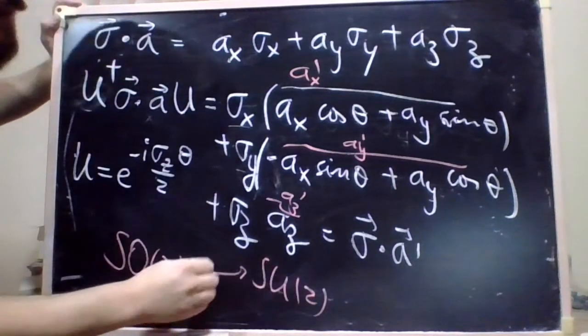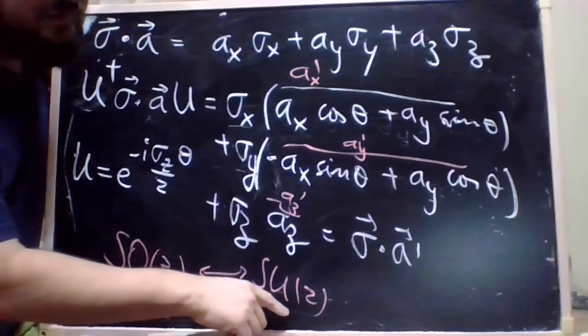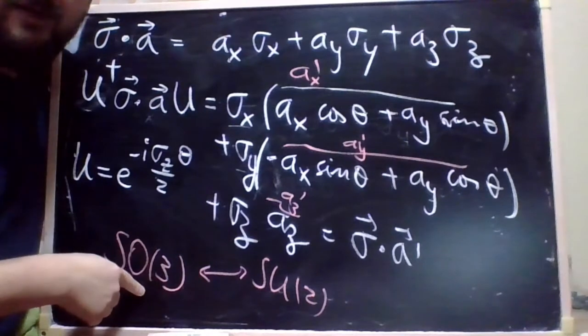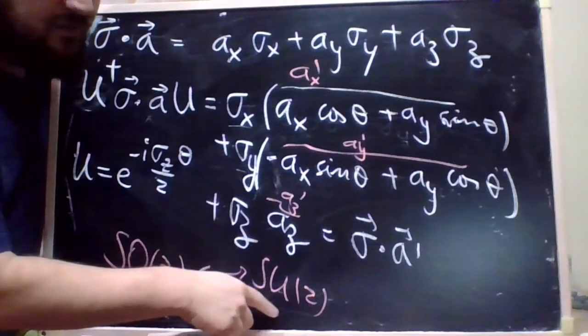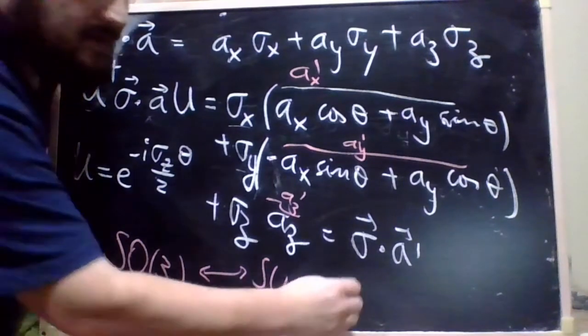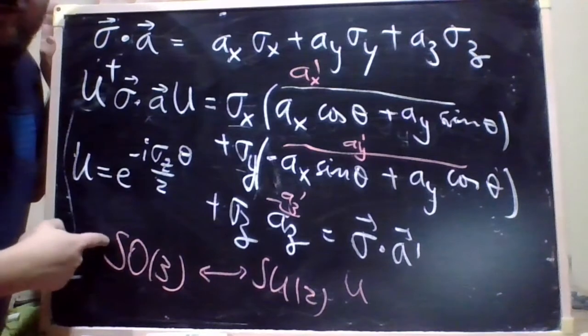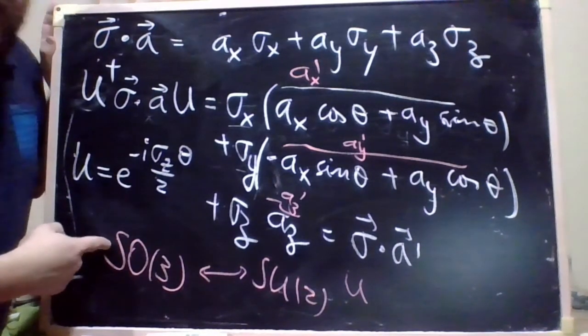There is a correspondence. In fact, there is a 2 to 1 correspondence. There are two objects here, unitary matrices. There are two matrices here corresponding to just one rotation.